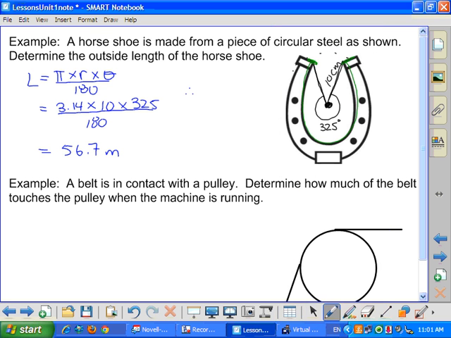So therefore, the shoe uses 56.7, oops, that should have been centimeters of steel. So the distance from edge of horseshoe all the way around to edge of horseshoe is 56.7 centimeters.